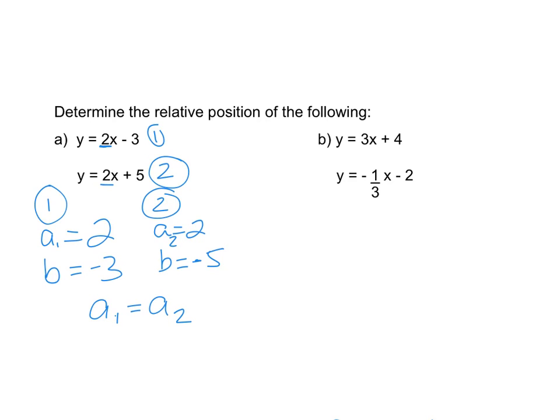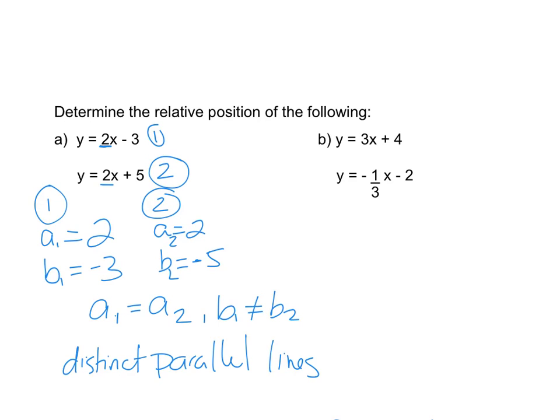If the slopes are the same, that means they're parallel. Now, are they parallel coincident or parallel distinct? Since B1 does not equal B2, the y-intercepts are different, which means these lines are distinct. They're different lines. So distinct parallel lines.